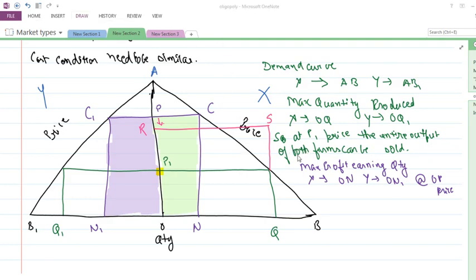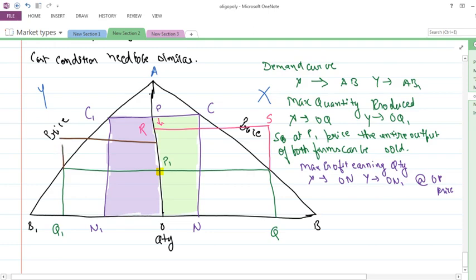So Y reduces his price even further than X. Let's say he sets the price at this level, and this is the R1 level. At R1, Y is able to sell his entire output. Now he is pulling X's customers towards himself.